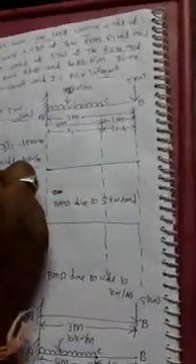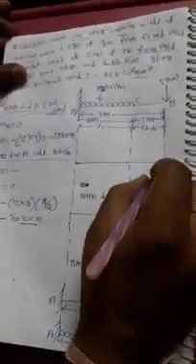For the BMD due to 5 kilonewtons, at the reference baseline you can draw the diagram from B. Why? Because the load starting point is B and the ending point is A. So here moment at B equal to 0 and moment at A equal to minus 15. Minus sign represents a downward deflection.